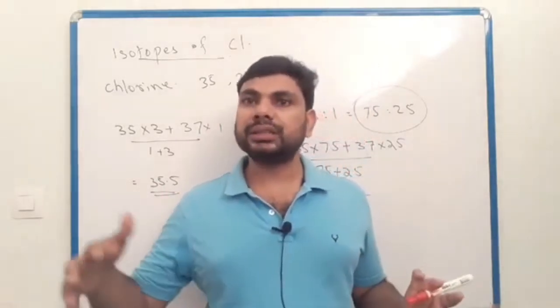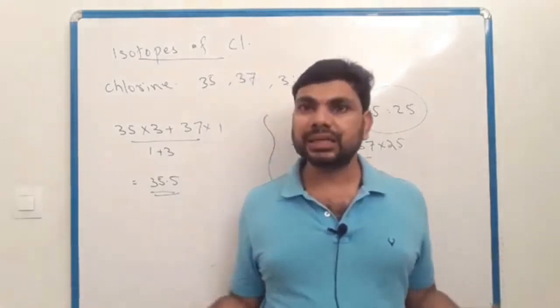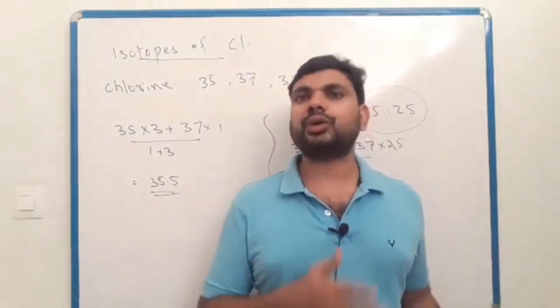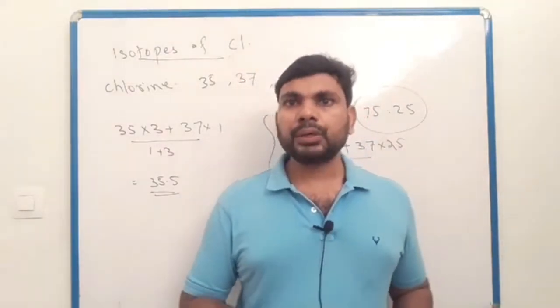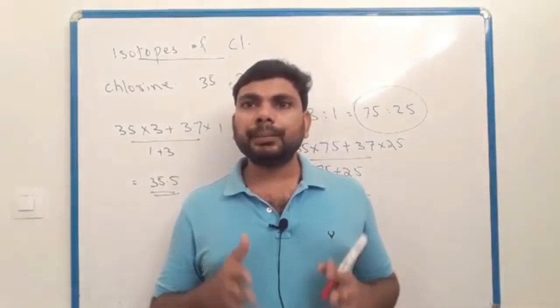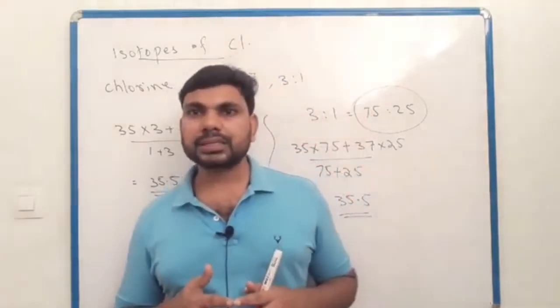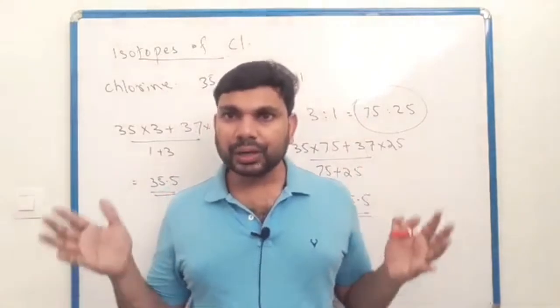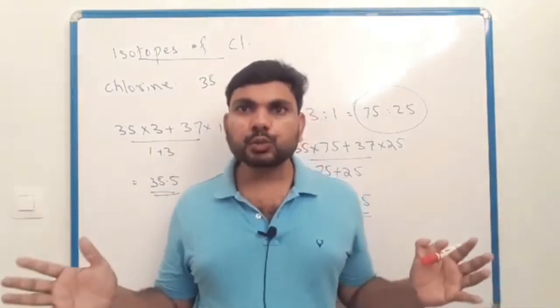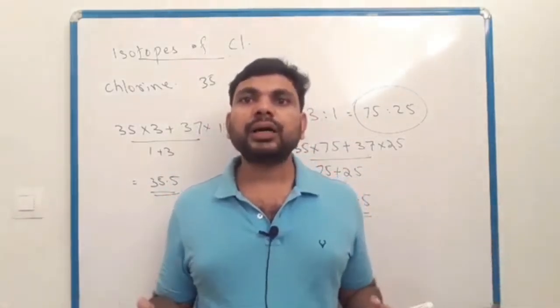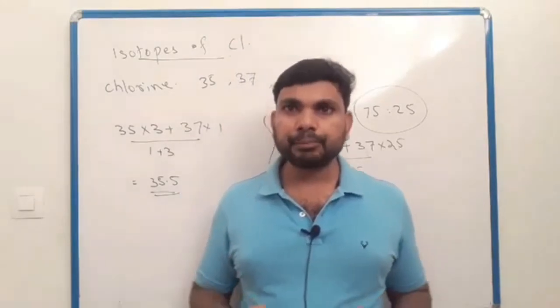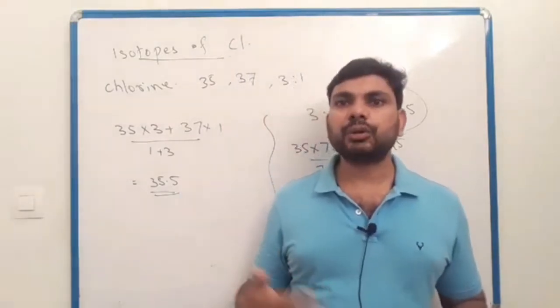We cannot see chlorine 35 or chlorine 37. One chlorine with one atomic mass. This atomic mass is called average atomic mass. Using chlorine 35 and chlorine 37 we can find the average atomic mass.